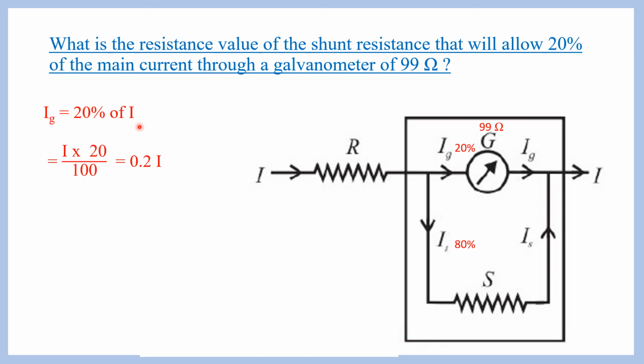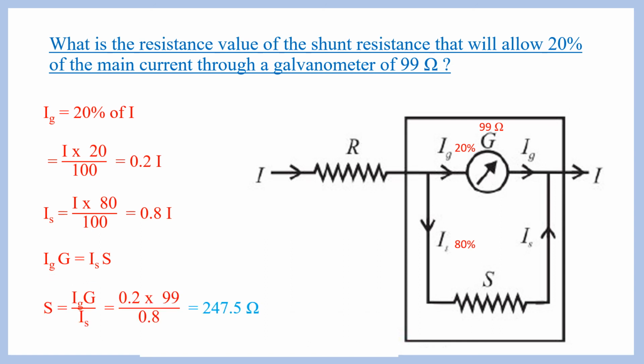So you can write 80% of I, which is equal to 0.8 times I, and 20% of I will be 0.2 times I. In the next step, we apply the condition Ig into G will be equal to Is into S. Because we know the value of G, we are supposed to find the value of S. We know the value of Ig and Is, so we can use this formula to calculate the shunt resistance value. After doing the calculation, you get it to be equal to 247.5 ohms.